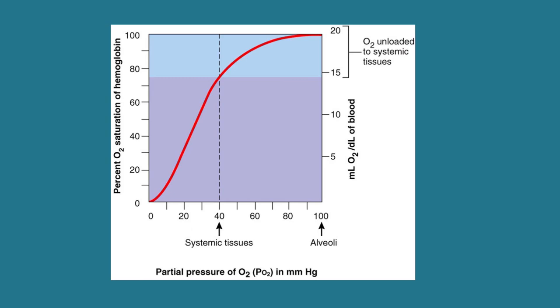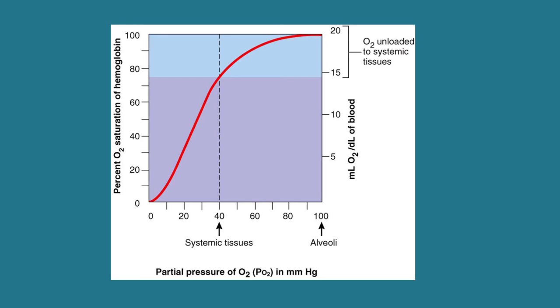To do that, we need to understand some basic facts. So let's go over those first. Number 1, a hemoglobin molecule can hold up to 4 oxygen atoms. If all 4 positions are occupied by oxygen, then the hemoglobin is said to be saturated. Let's look at this graph.